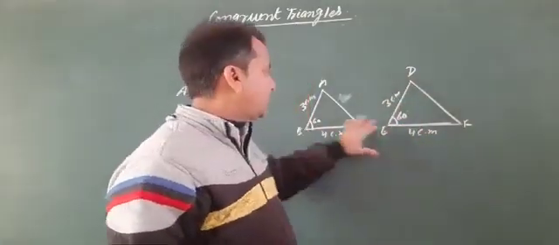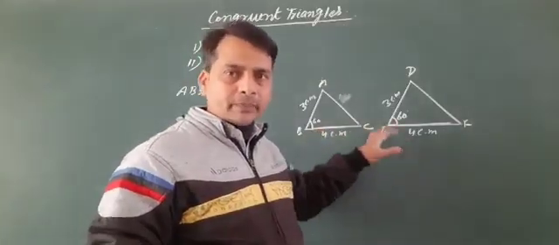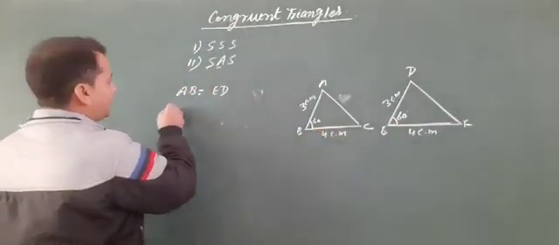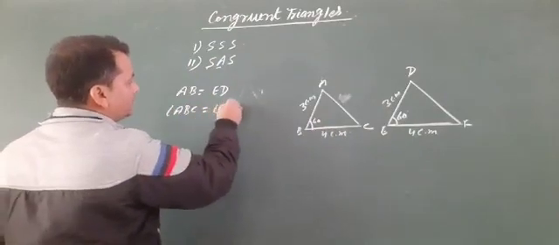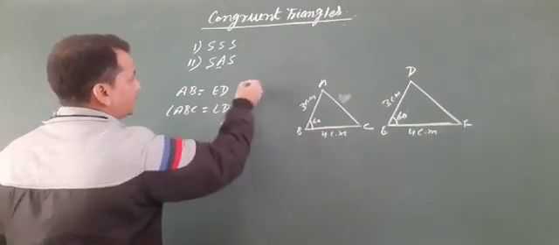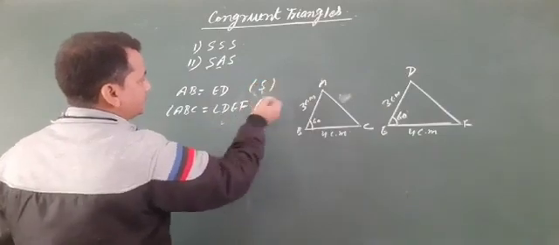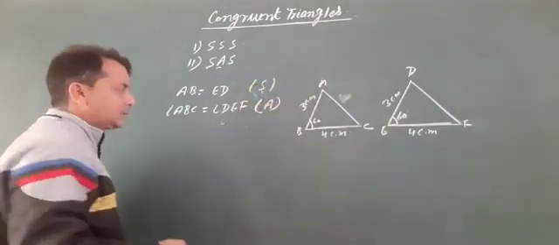So these angles are the same, angle ABC equal to angle DEF, that is angle.